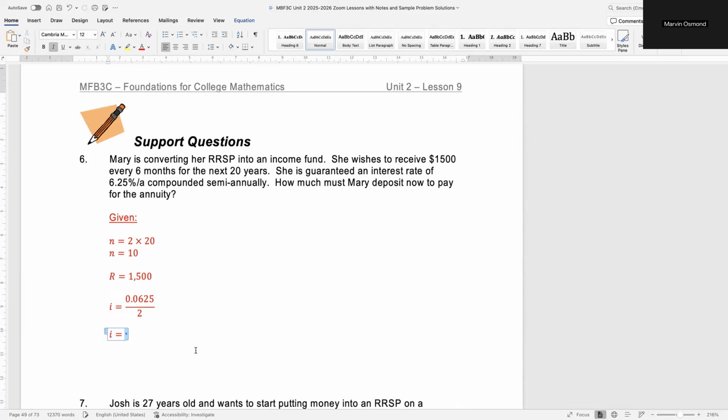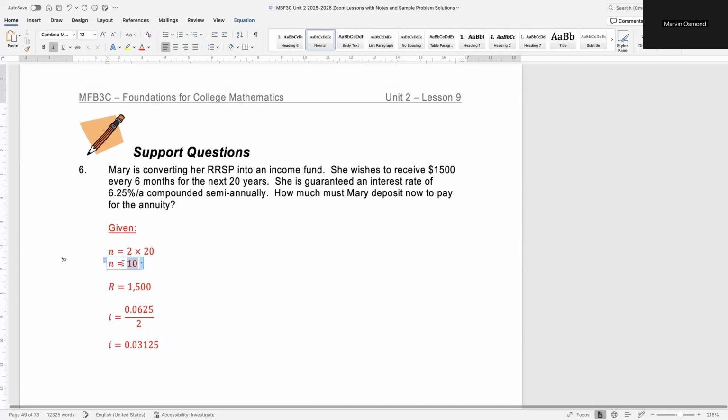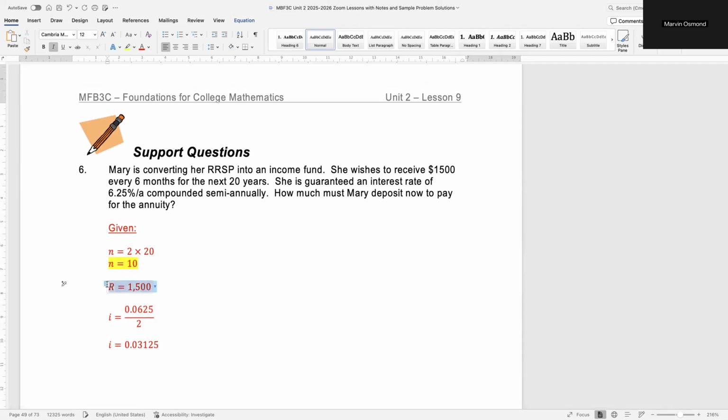I'll get 0.03125, which is 3.125%. Okay, so there's my n value, there's my R value, and there's my I value.